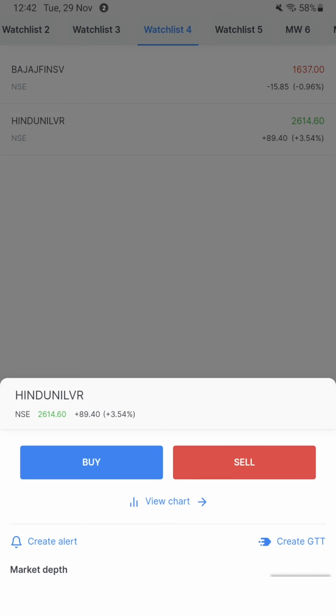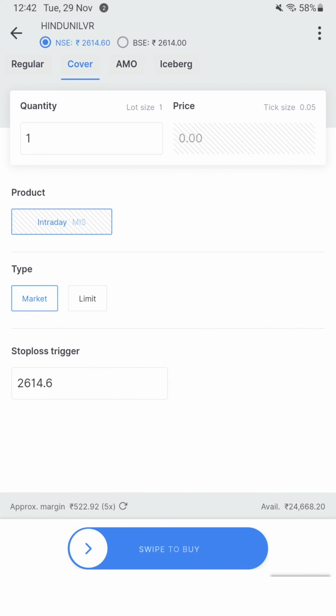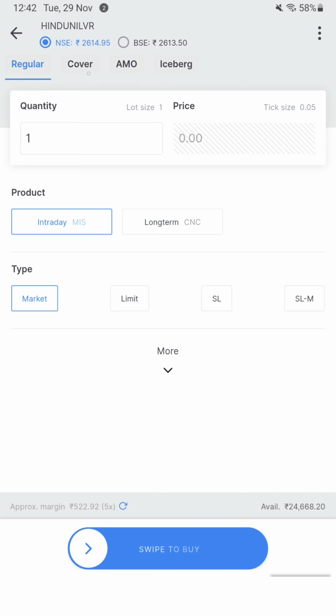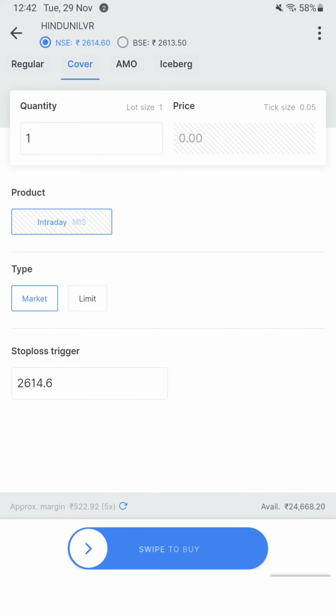Now in this case of Hindustan Unilever, I am going to place a buy order. So I'm not doing short selling, I'm buying it with leverage. And over here, instead of regular, I am selecting the cover order as an option. If I select regular, the screen is different. If I come to cover, you will see I have a stop loss trigger which I can place along with my order.